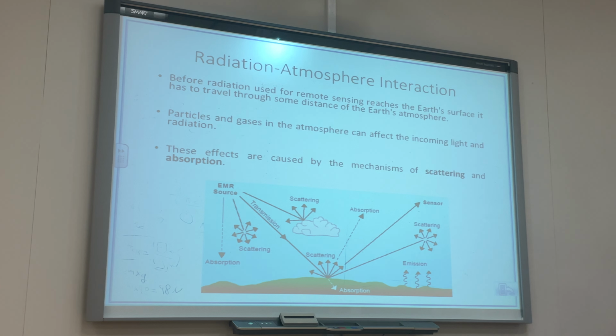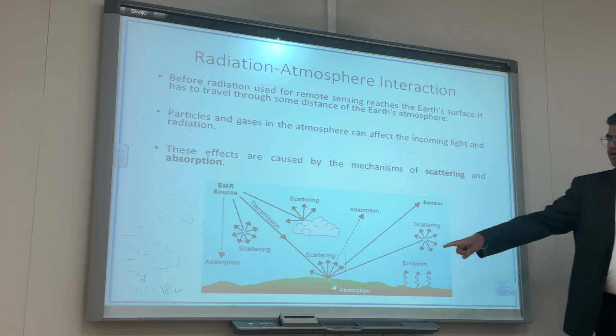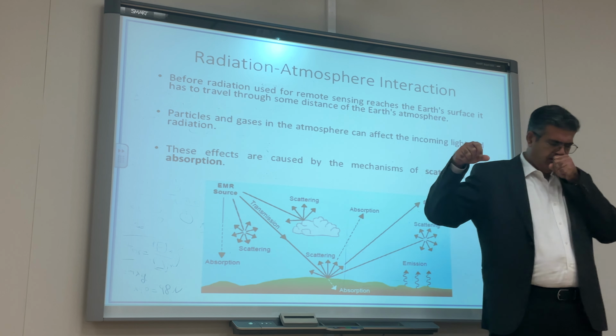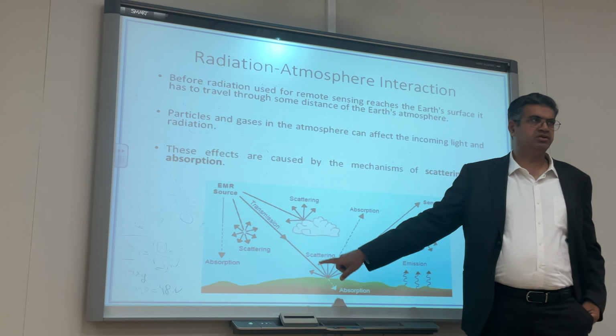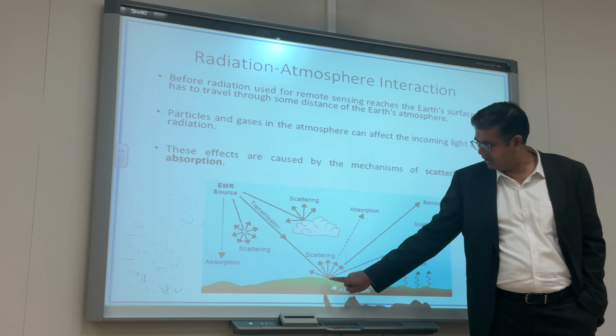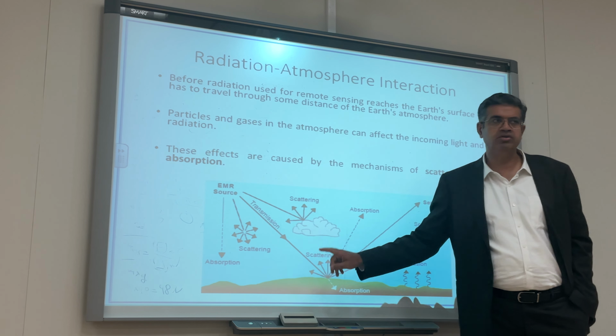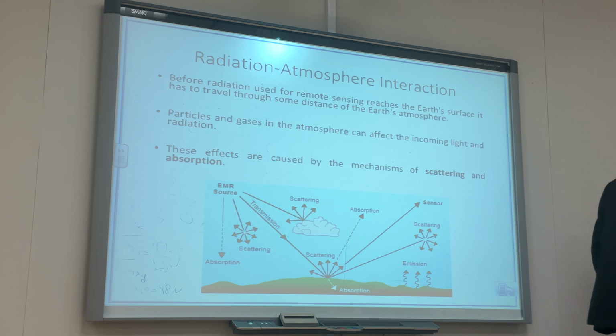Which will be useful for remote sensing? The transmitted radiation, which can pass through the Earth's atmosphere and reach the Earth's surface. Only those electromagnetic radiations will be useful for remote sensing.